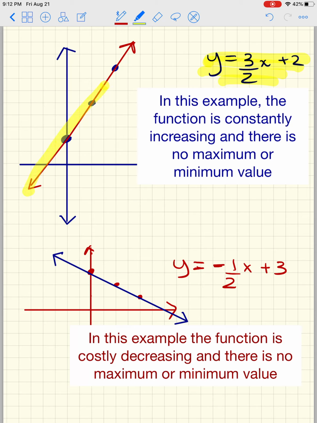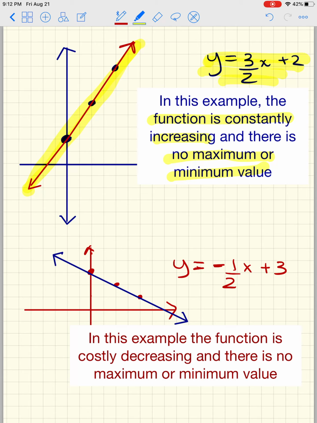It starts at 2 and it has a positive slope. This function is constantly increasing, okay? You see how it keeps just going up, up, up. And there is no maximum or minimum value. You guys see that? Every time you think you have the highest point, there's going to be a higher point, and so on, okay? That was simple.